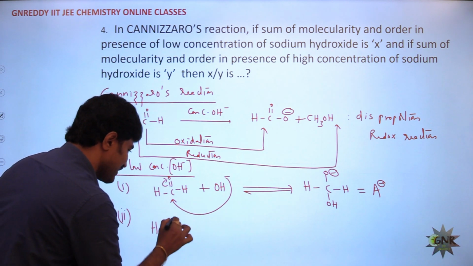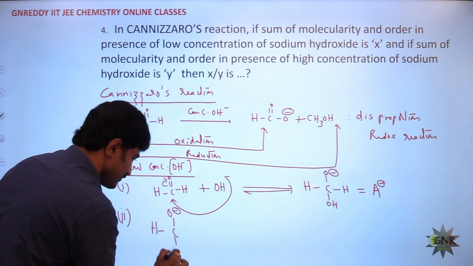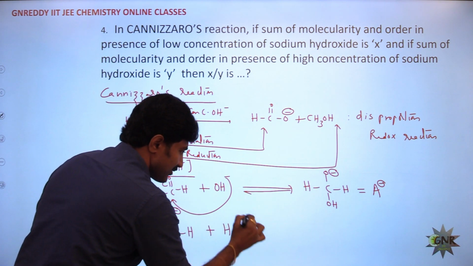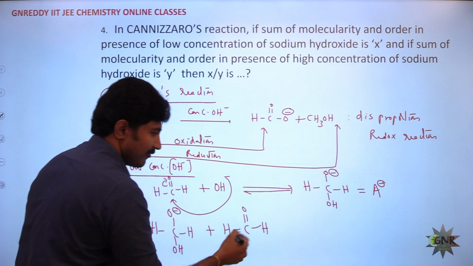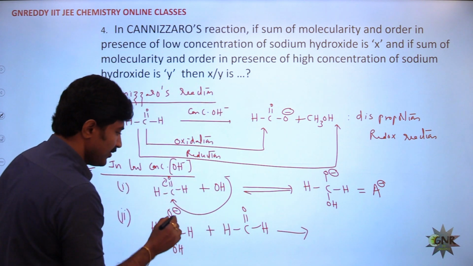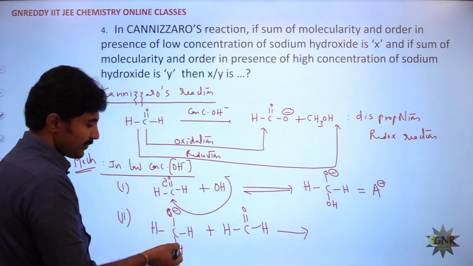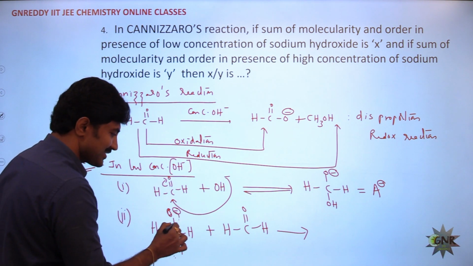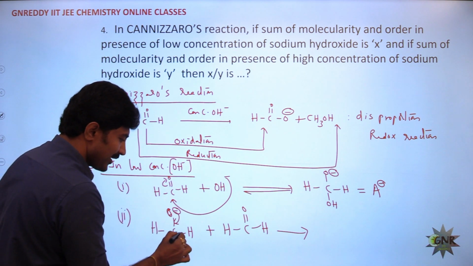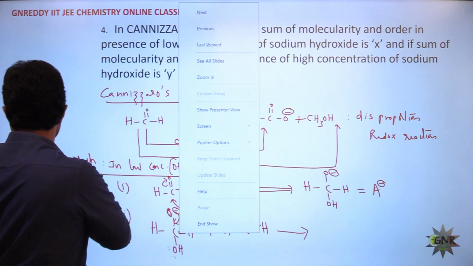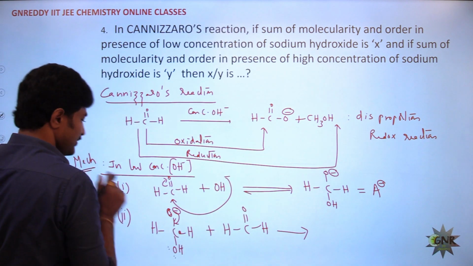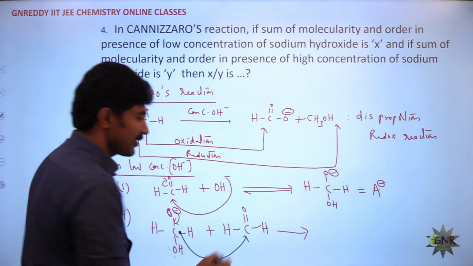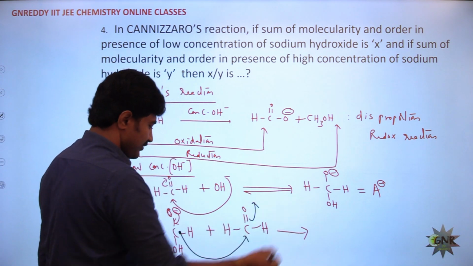So this is HCO minus, this is OH, H. When it interacts with the second molecule, the O minus has 3 lone pairs, and here the oxygen also has 2 lone pairs, both are electron rich. When it is given to carbon, hydride transfer takes place. This hydride transfer takes place to the second molecule's carbonyl carbon.